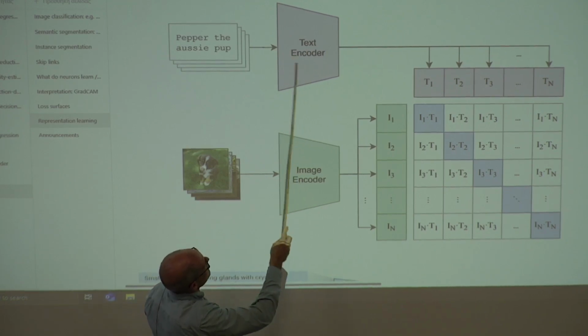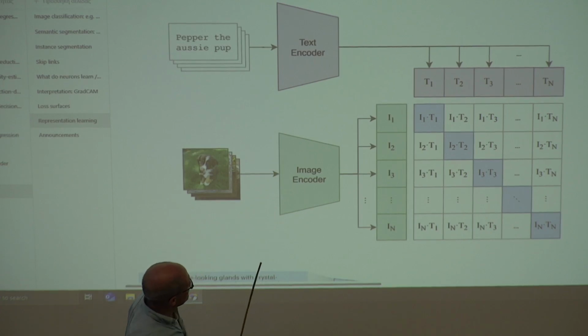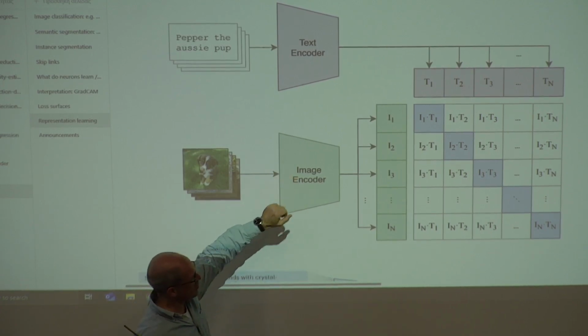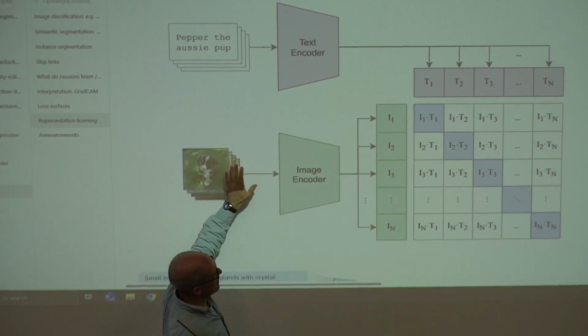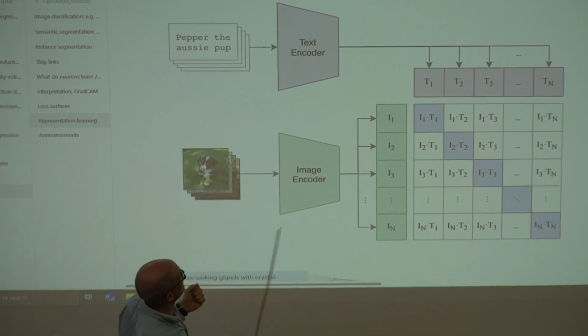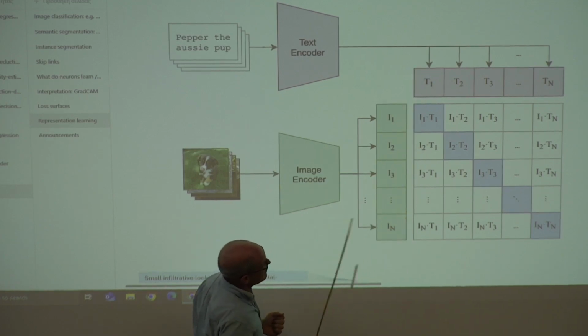For this, we definitely need transformers. This could be done without transformers, but in practice transformers are being used here. And then each image becomes a point in, for example, a 4096 dimensional vector space. Each piece of text becomes a point in the same vector space.